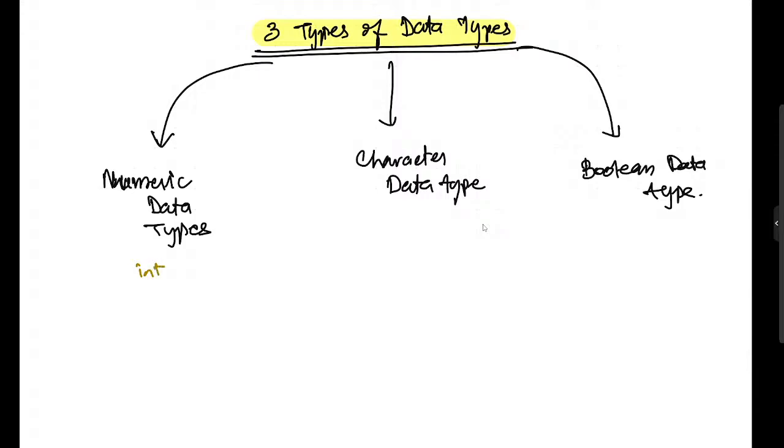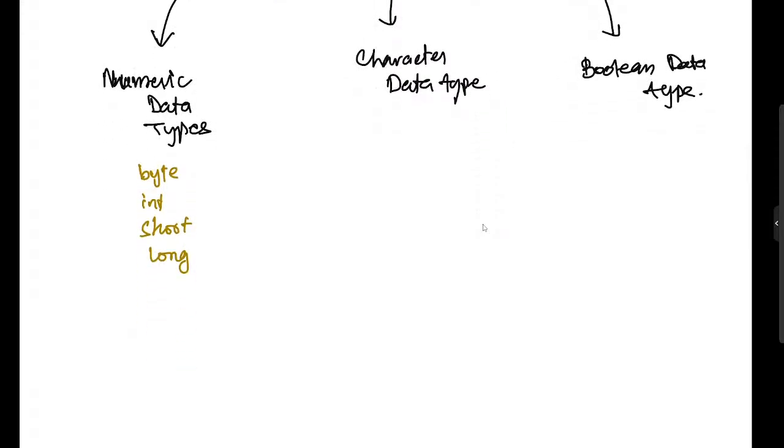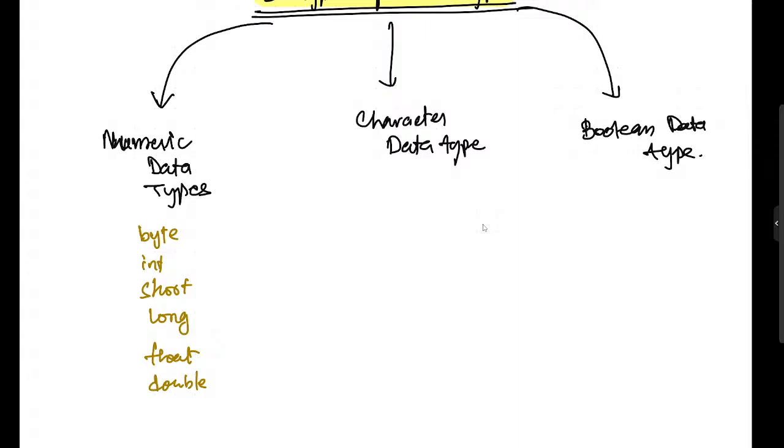In this we have int, or even before int, let's go with byte, then int, then short, and then long. Also we have float and double. In the character data type there's only one, which is char, and in Boolean we have only one, which is known as boolean. So these are the data types that we have.